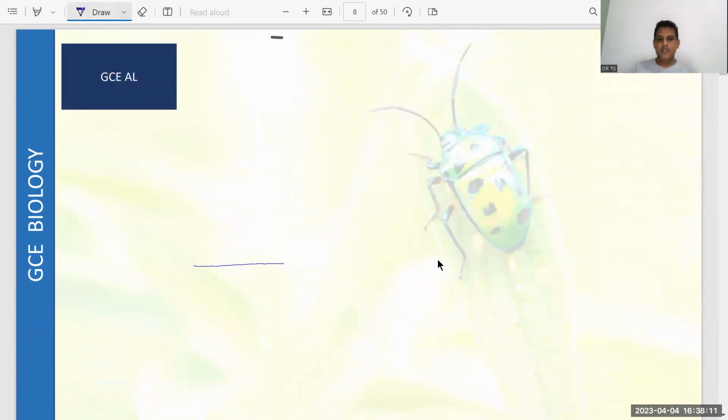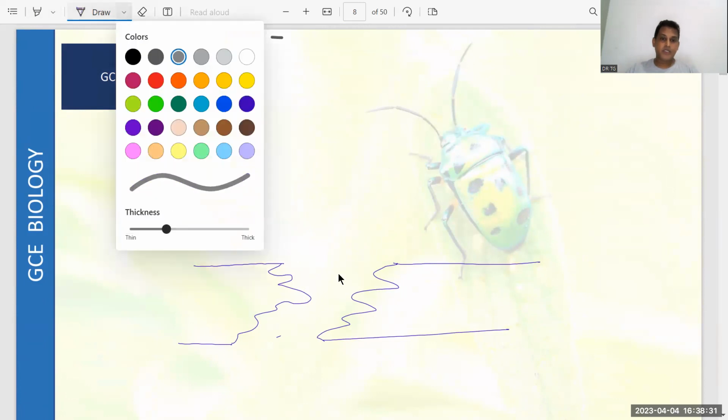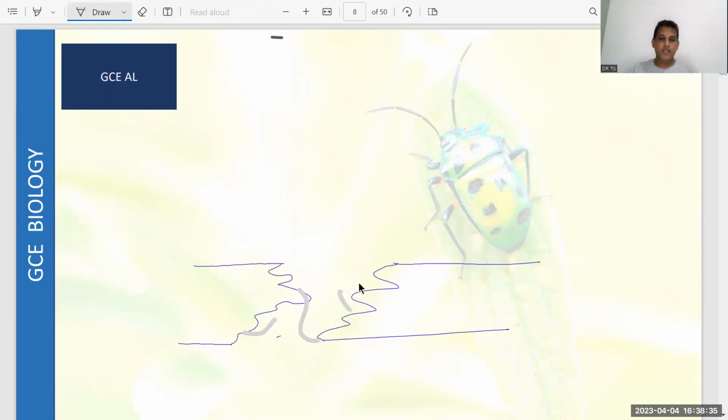This is the blood vessel, and this is the damaged area. So this is the damage of the blood vessels. These are the exposed collagens and other damaged tissues.